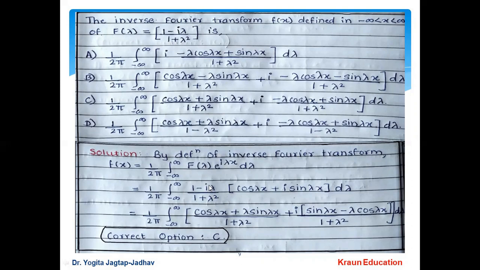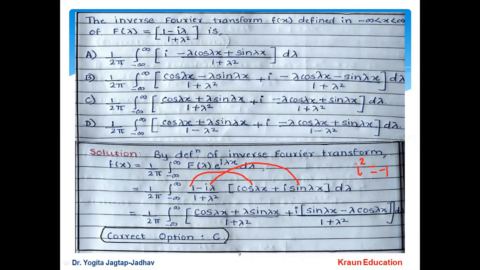Now let us multiply these brackets together, and when we try to compare the real and imaginary part, you can see here the real part. When we multiply this real part with real part, we have cos of lambda x. When we multiply this imaginary part with imaginary part, and by using the term I square becomes minus 1, we have this term as plus lambda into sin lambda x.